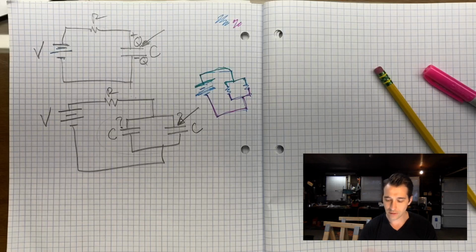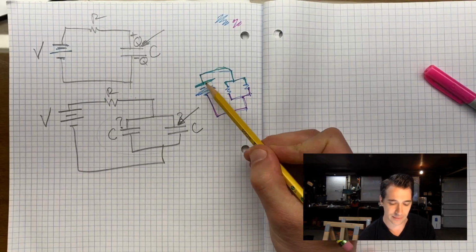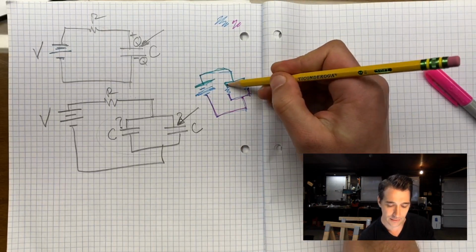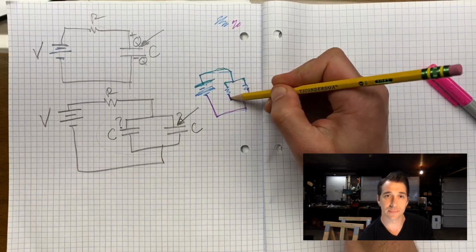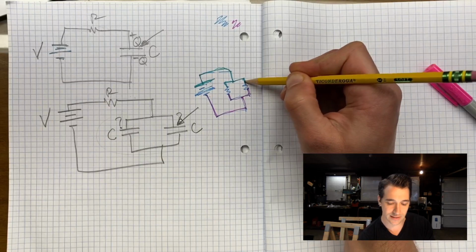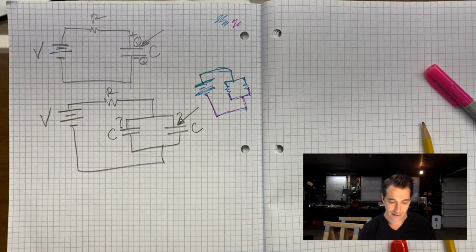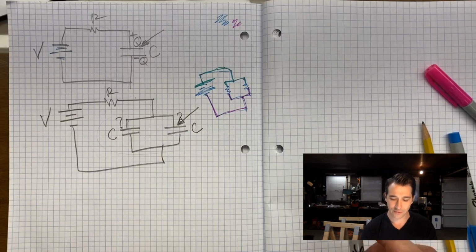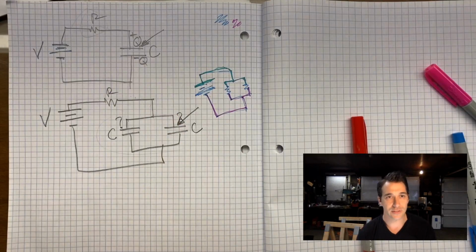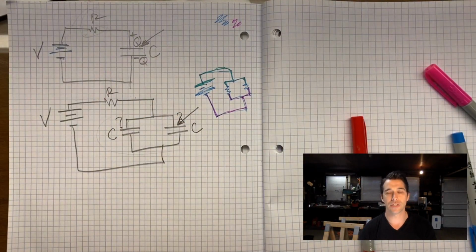I'm making up a number, but let's say the battery has a potential difference of 9 volts. Then this resistor also has that same difference, and this resistor also has that same difference because it's connected to the battery directly. Now it's slightly different in our case because we have this resistor, and what you know about resistors is that when there's current flowing, they use up some of that voltage.